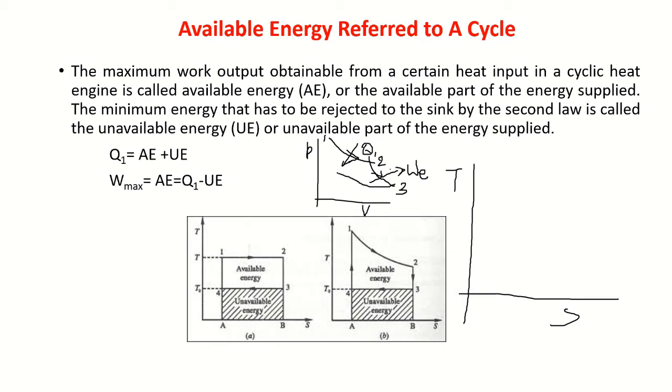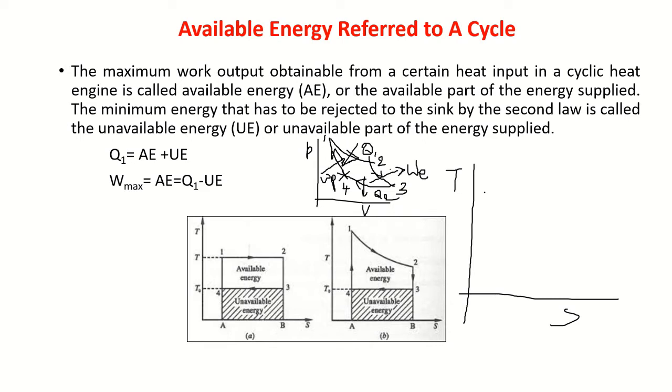Again 3 to 4 is reversible isothermal compression during which heat is rejected. And 4 to 1 is reversible adiabatic compression during which work is supplied. So process 1 to 2 is reversible isothermal expansion.